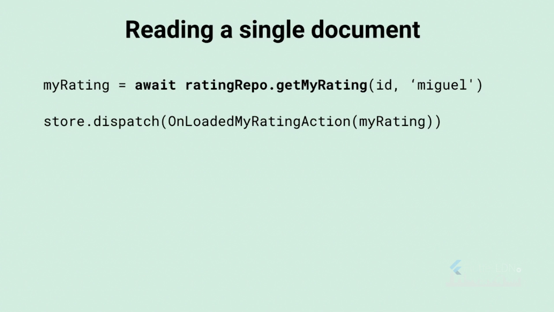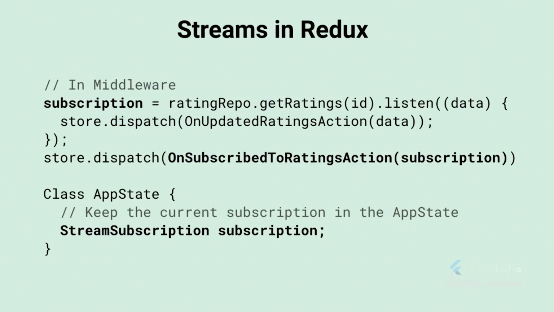But what happens when you actually want to subscribe to a stream, and you're not going to be getting one single thing, but you are going to be getting a stream back? In that place, we realized that Redux was not the best idea, and you will see why. What we're doing now is this, and you maybe have better ideas. I would love to hear them.